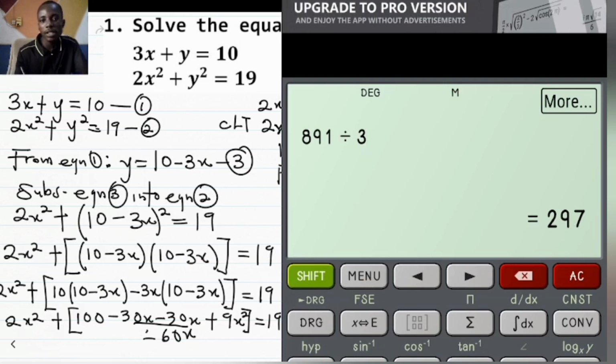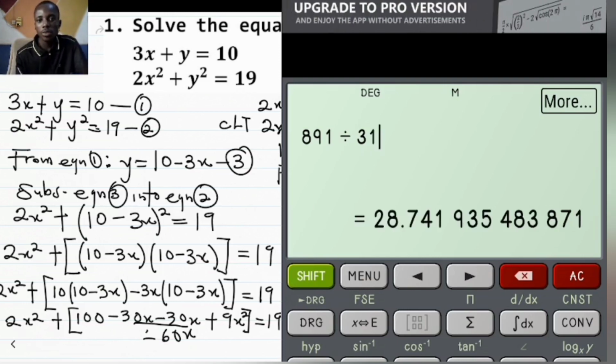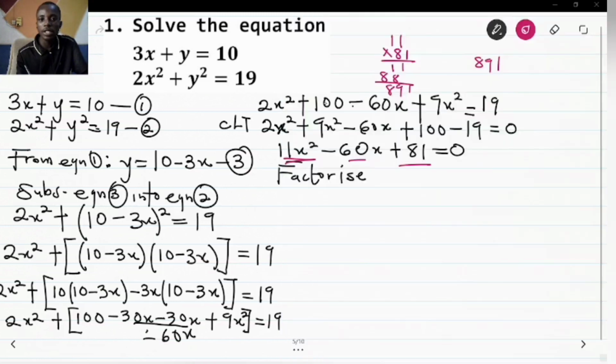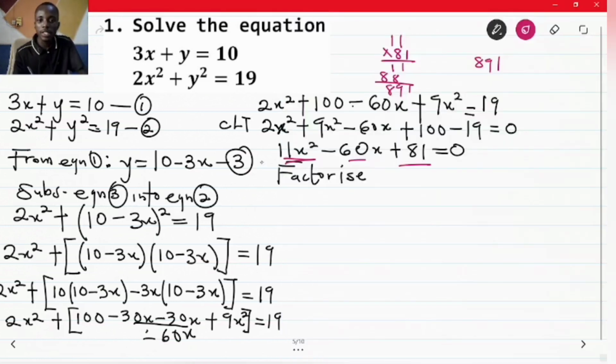I can try 31. 31 will give me 28.7. I need two digits, so 32 will not, yes, 33 will give me 27. So that's exactly what I'll use.